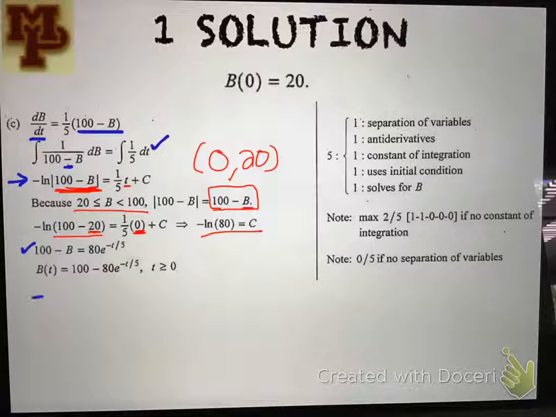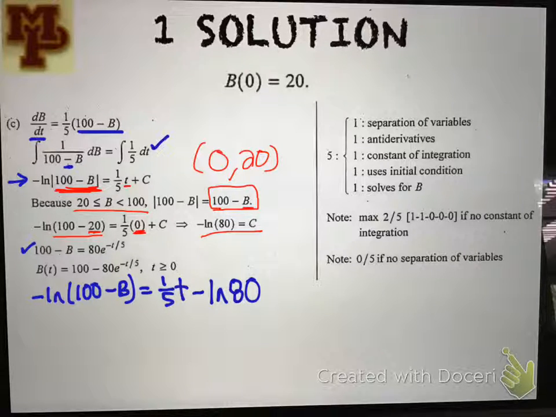So this would be negative natural log, but I'm not going to use the absolute value bars because we already determined we're not going to need them. Then I'm going to have 1/5 t, and then the c that we found. Now on this one, you have this negative sign in front, so I would multiply by -1 to move it over to the other side.